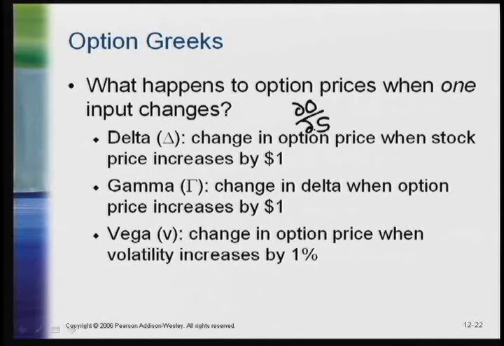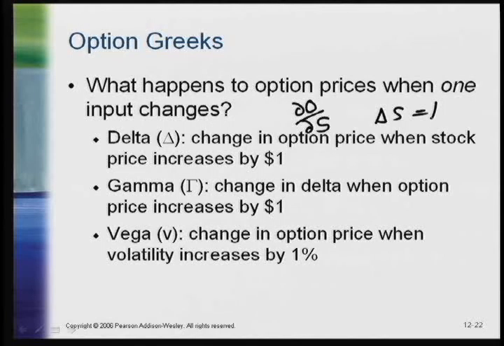That's what a delta is. And then it's logical that if delta is this derivative, if the stock price changes by 1, the option price changes by approximately delta times 1, namely delta. So delta can be thought of as the change in the option price when the stock increases by $1, or we can think of it as a derivative.